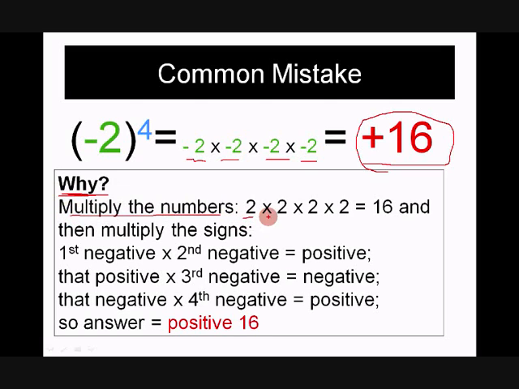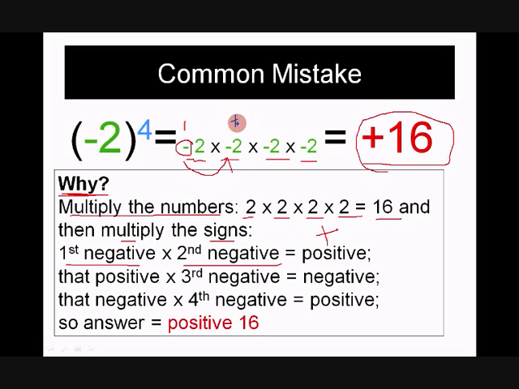Multiply the numbers 2 into 2 into 2 into 2 first, equal to 16. Then later multiply the negative signs. The first negative multiplied by the second negative, minus into minus is positive, right? Then here we got a positive.